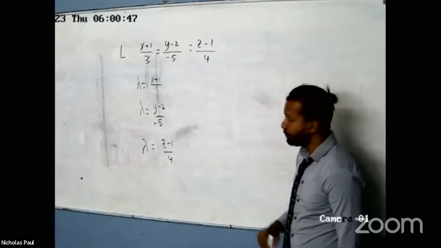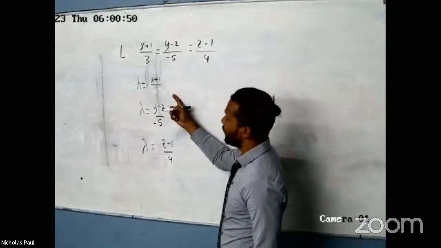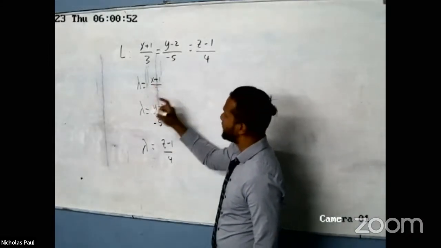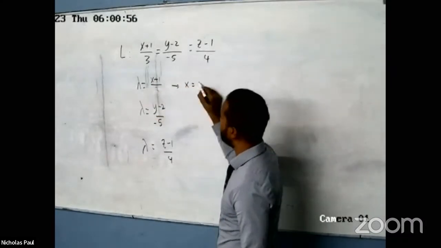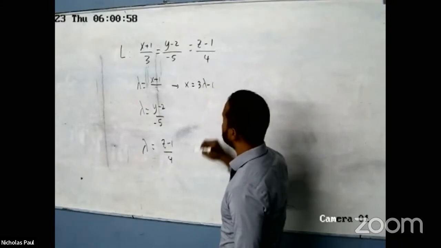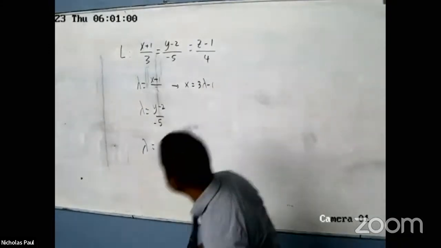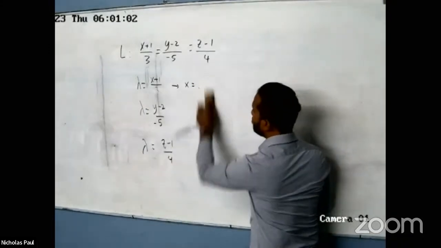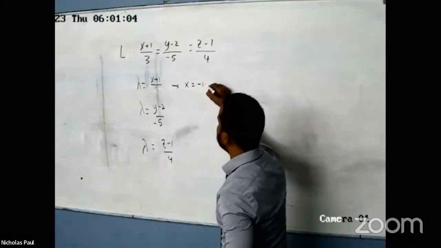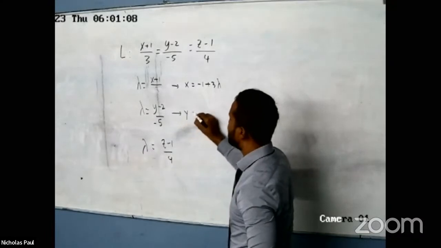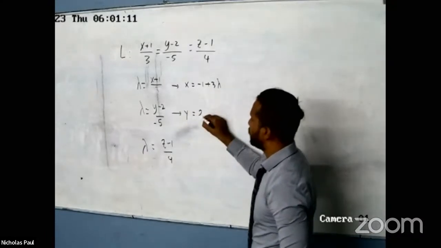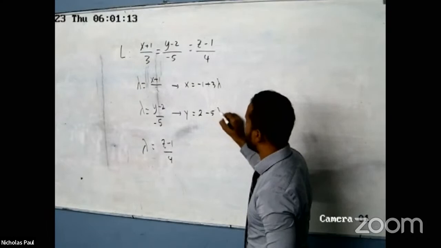Okay with that? So from here, because you want to get it parametric, you make x the subject. So x is equal to 3 lambda minus 1, like you write it the other way around. You'll get minus 1 plus 3 lambda. Here, you make y the subject, so you will get 2 minus 5 lambda.